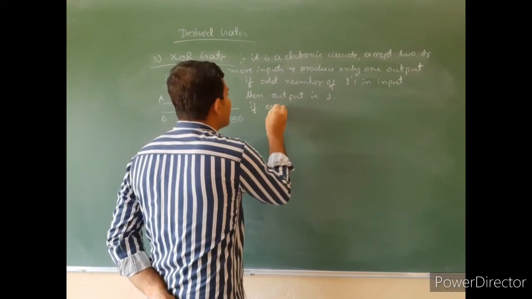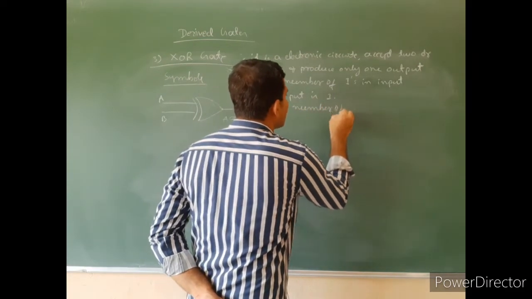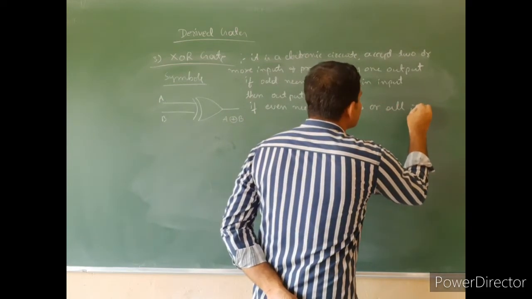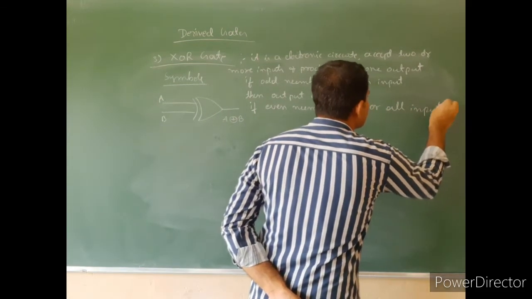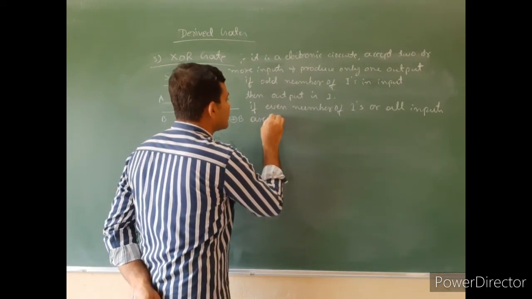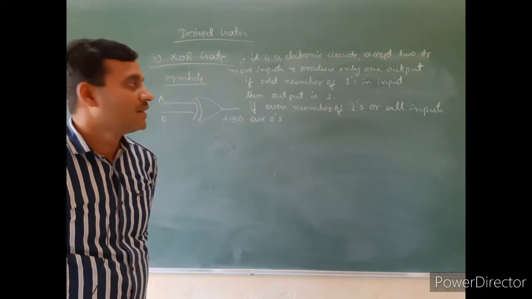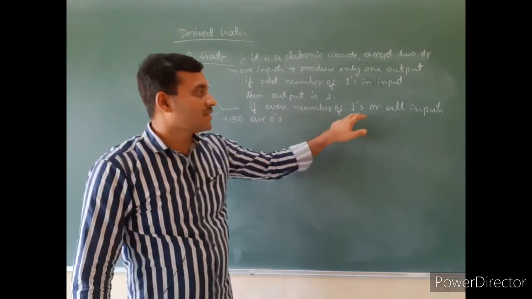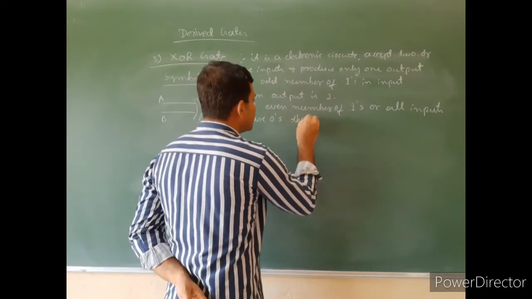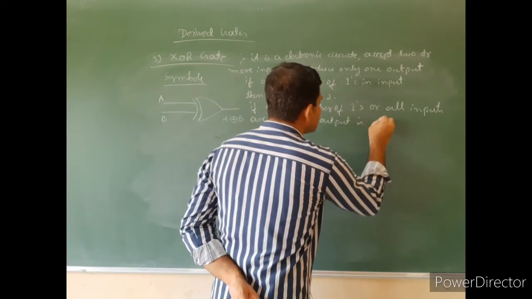If there is an even number of ones, or all inputs are 0, then output is 0.